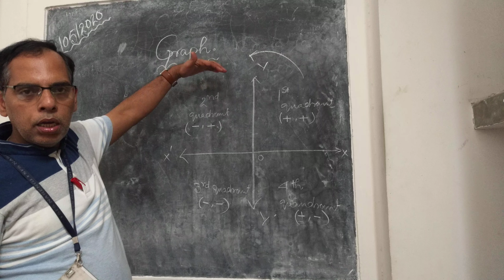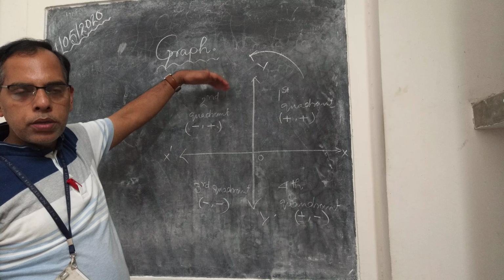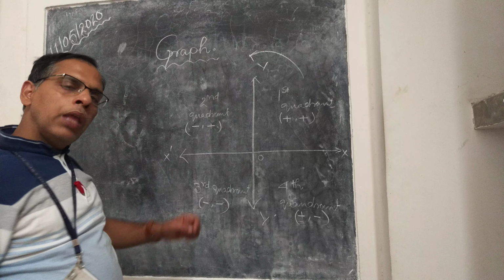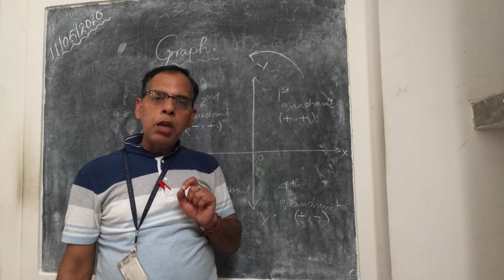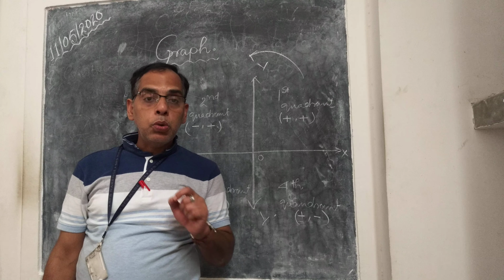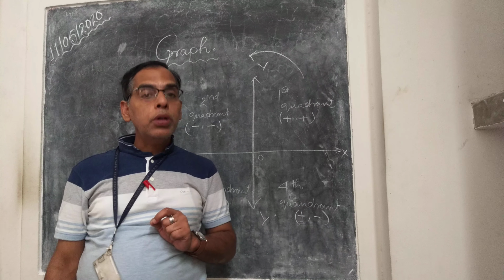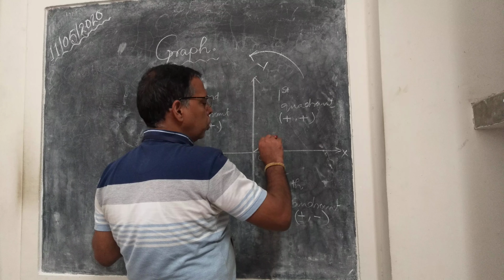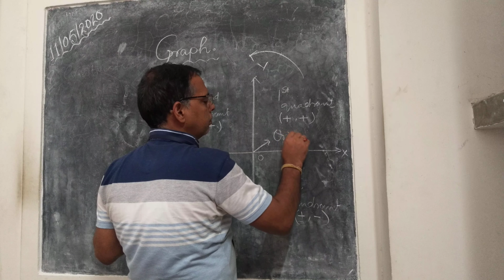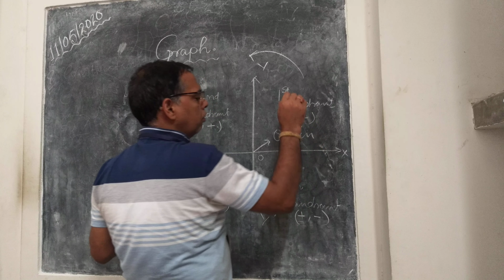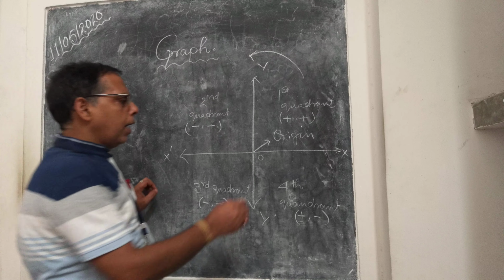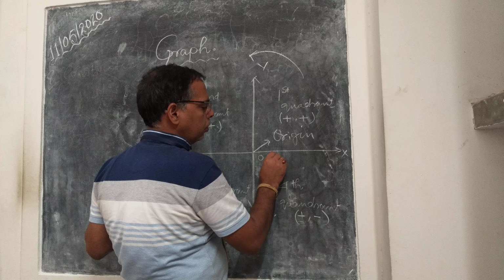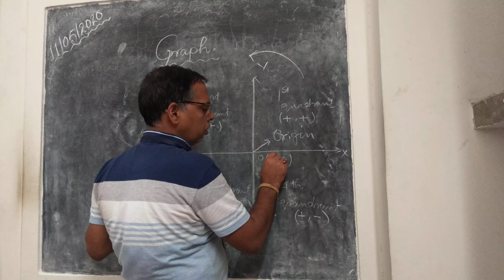The top part of the y-axis is positive, the down part of the y-axis is negative. Now what is the name of the point of intersection of the two axes? That is known as the origin. The coordinate of the origin is 0, 0.